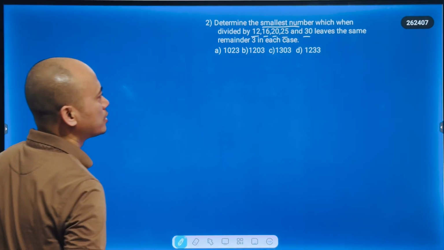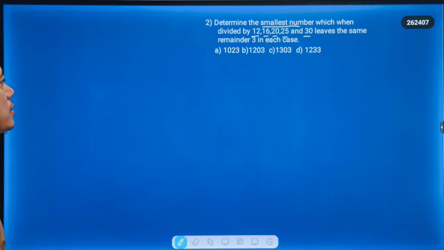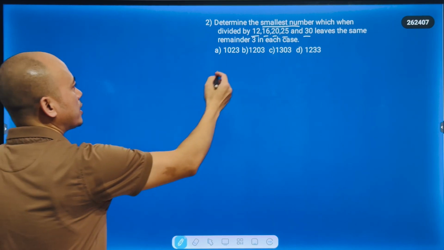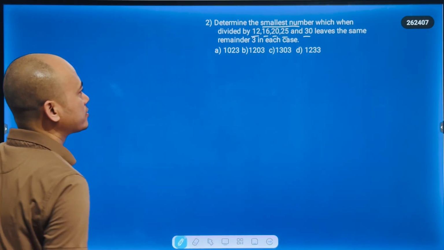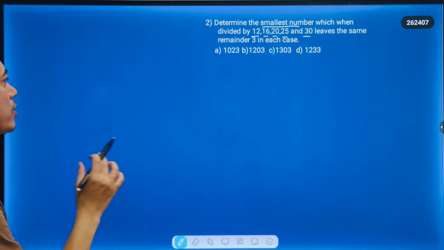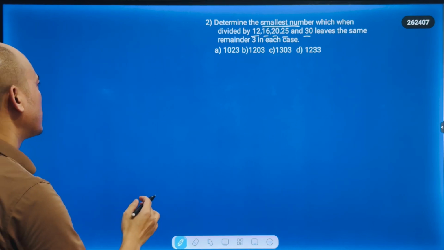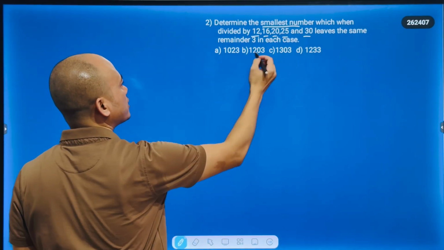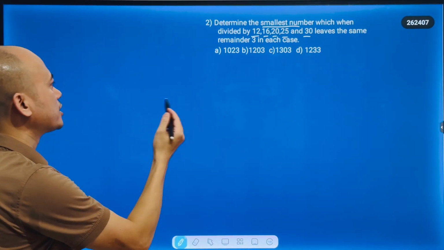We have to find the smallest number which, when divided by all these numbers, leaves the same remainder. So we have to find a common number which is a multiple of 12, 16, 20, 25 and 30, and that should be the smallest number.